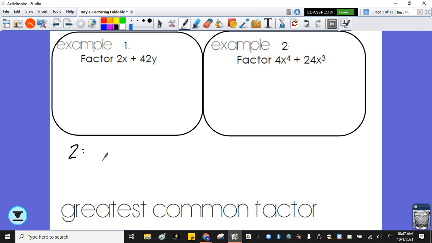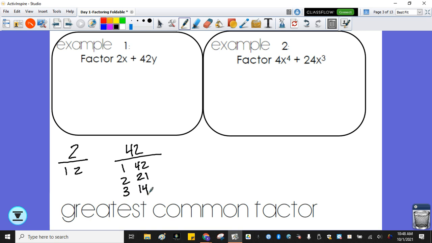What two numbers multiply to 2? 1 and 2. What about 42? 1 and 42, 2 and 21. 3 goes into it: 3 and 14.